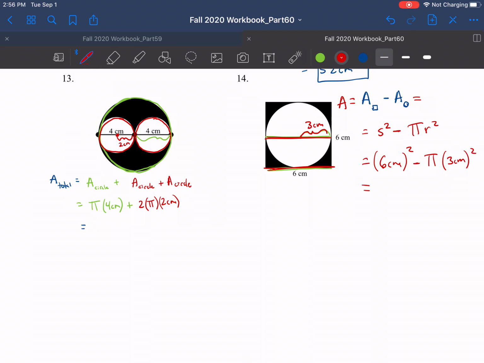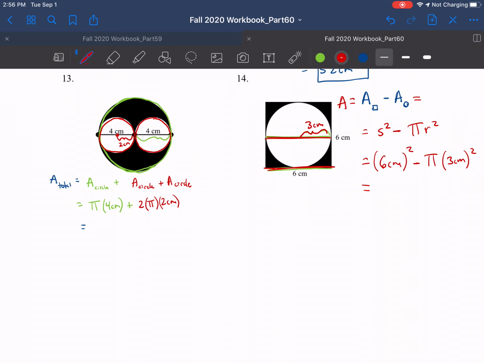And so 6 times 6 is 36, and then we have to subtract off 3 squared is 9, so it's 36 minus 9 pi. So we can do 36 minus, and then be sure you use your parentheses, because you don't want to subtract 9 and then multiply by pi. You want to multiply the 9 by pi first and then subtract it from 36. So be careful when you type this in. So it's ultimately 36 minus, and then in parentheses, 9 times pi.